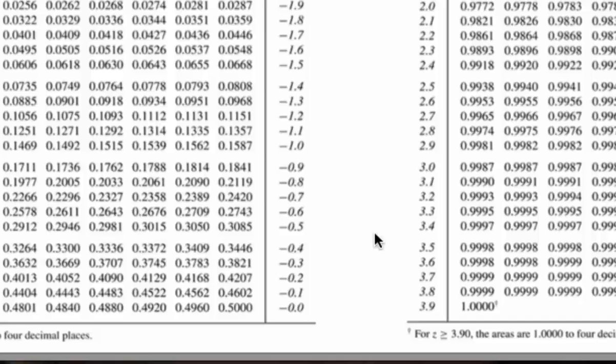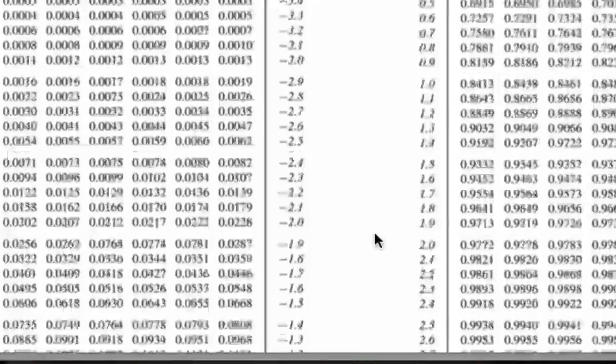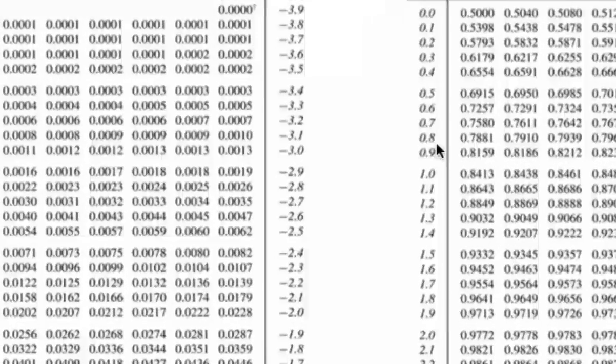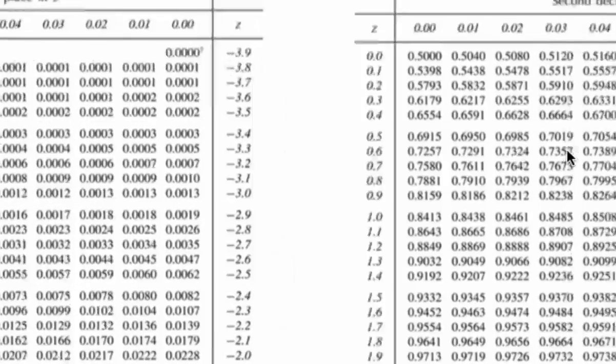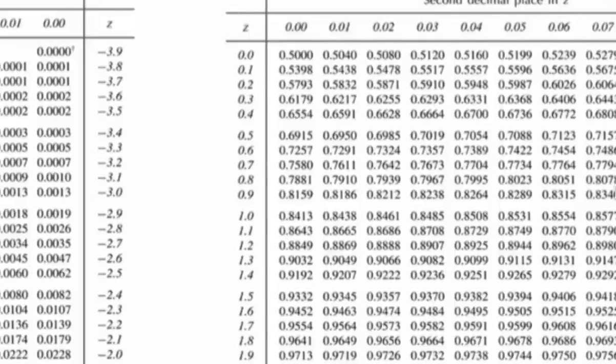Everyone got it? Okay, write it down. So that's the first z-score, and what's the other one we need? 0.47. Okay, write that down.